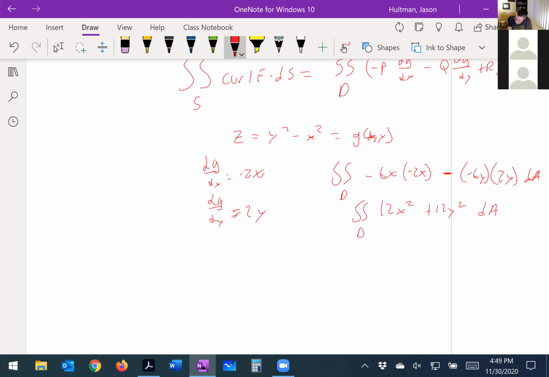This is 12 times x squared plus y squared. And what's really nice is we have a circular region, which means I'm going to go to polar coordinates.